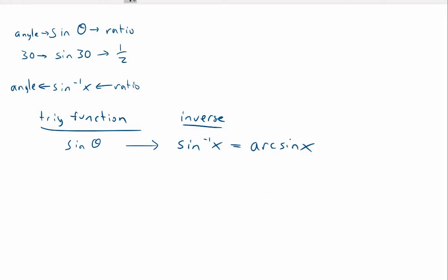So it's important to recognize that that -1 notation that we've been using, it means the exact same thing as the arc sine function. They're the exact same thing, two different names for the same thing. Okay, so we're not necessarily learning anything new. We're just giving a new notation to the inverse function that we've already known. Cosine of theta, its inverse, could be denoted with the -1 inverse notation, and we would call that arc cosine of x.